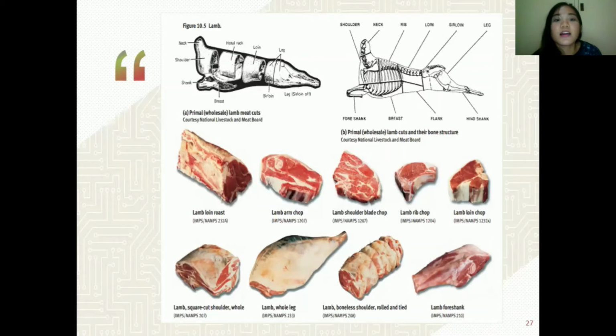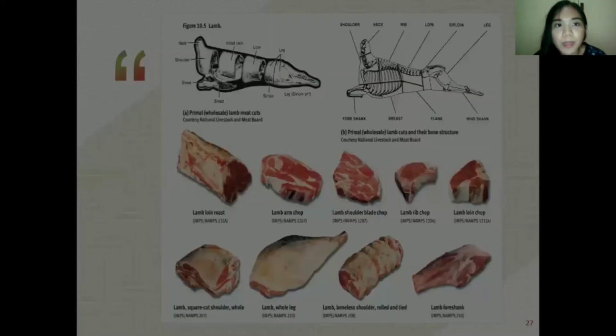Under the lamb, you can see different meats, which are the lamb loin roast, the lamb arm chop, the lamb shoulder blade chop, the lamb rib chop, the lamb loin chop, the lamb foreshank, the lamb boneless shoulder rolled and tied, lamb whole leg, and the lamb square cut or the shoulder whole.